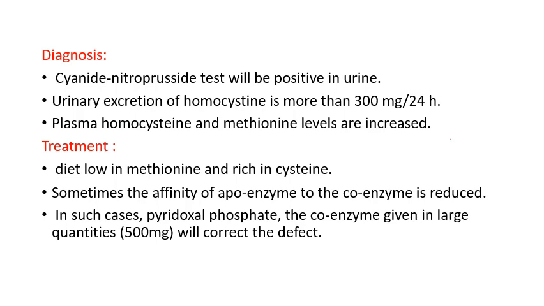Plasma homocysteine and methionine levels are increased. Treatment: the patient should take a diet low in methionine and rich in cysteine. Sometimes the affinity of the apoenzyme to the coenzyme is reduced, which is why it is mandatory to supply pyridoxal phosphate. The coenzyme given in large quantities will correct the defect.